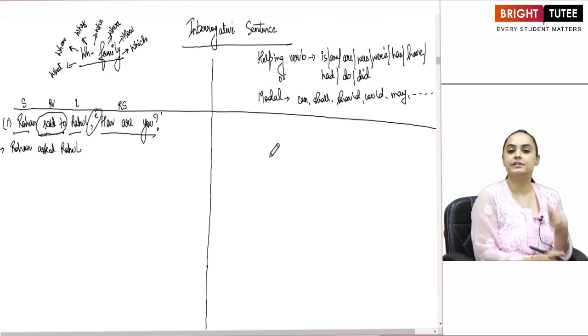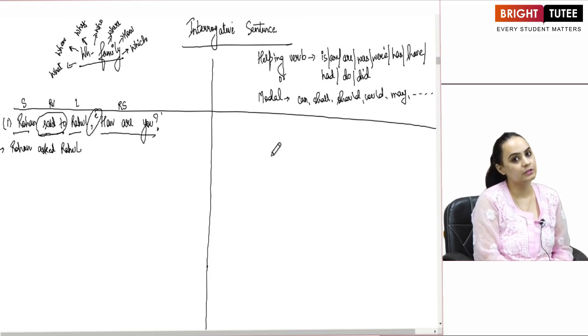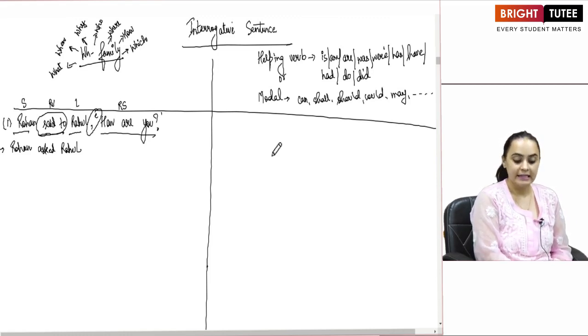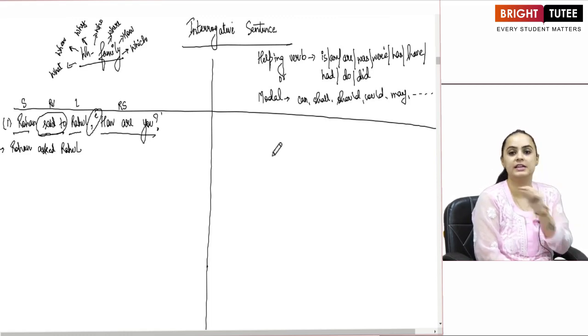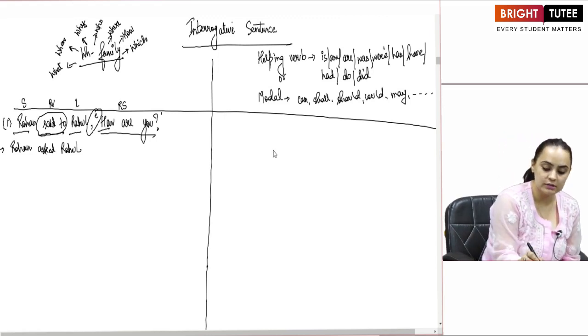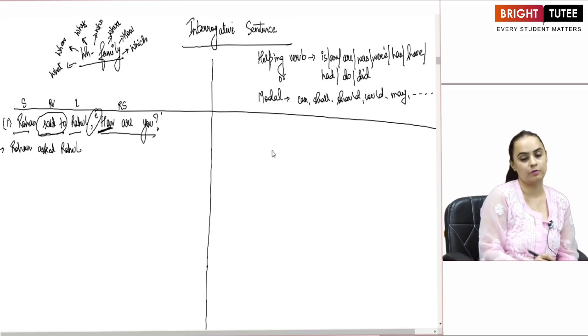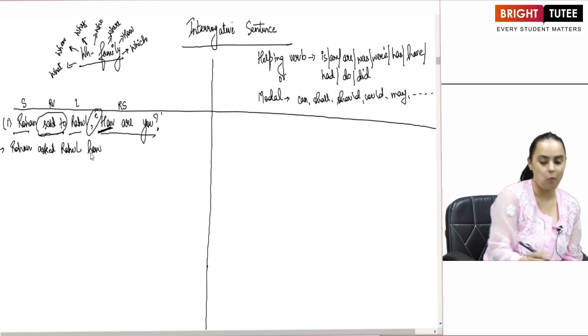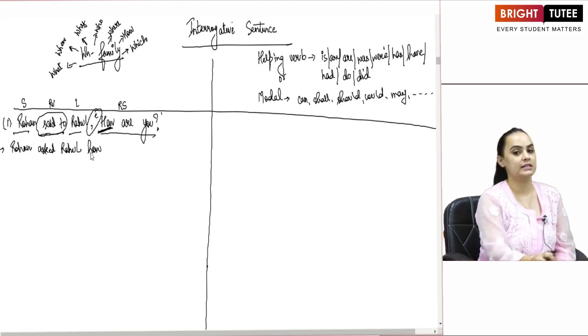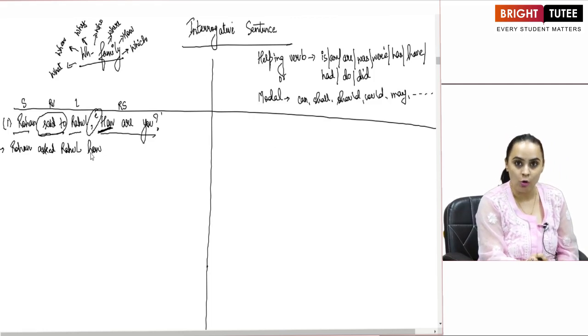In assertive sentences, we remove these commas and we put that in place of it. Here, we are not going to use that. In interrogative sentences, we never use that. Instead, we will use the first word of my reporting speech, that is my WH family word, which is how. So, Rohan asked Rahul, how.